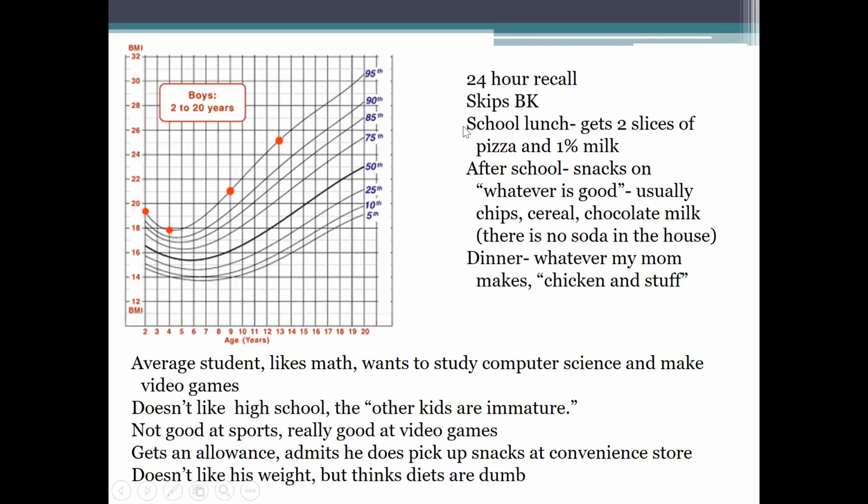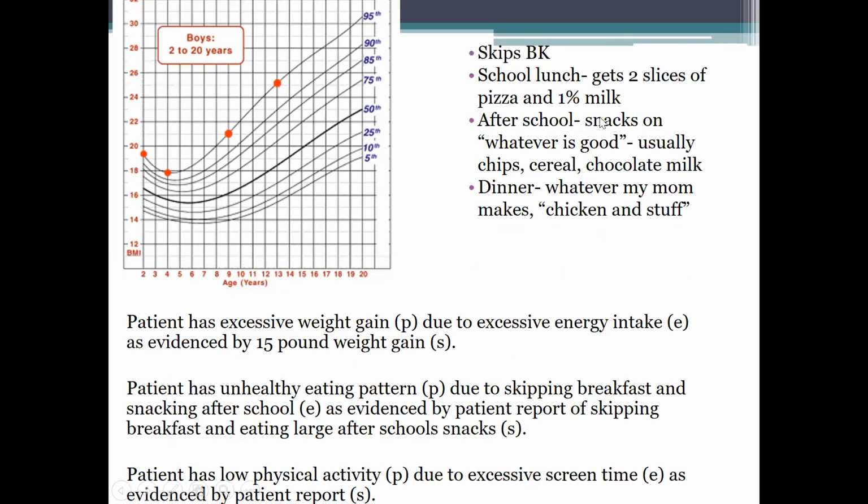Here's his dietary information. I didn't put a ton of detail just because you're looking at it on PowerPoint slides, but I gave you enough so you can start to find problems. So he's skipping breakfast. There's a problem. We know that he eats school lunch and that it's 2 slices of pizza and milk. Not the greatest, but at least he's having lunch, I guess.